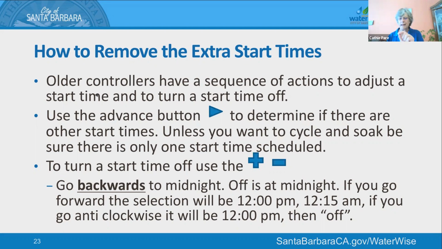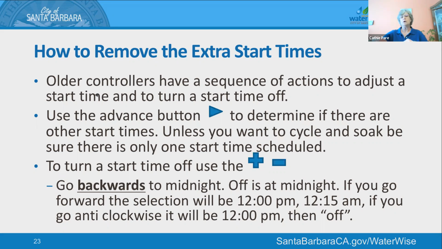So using the minus button, there's a plus and a minus button for the time. If you push the minus button, it'll go 11:45, 11:30, all the way around. You can just hold it down and it'll speed around. Go all the way back to 11:30, push the button, 11:45, midnight, one more time, it'll say off.